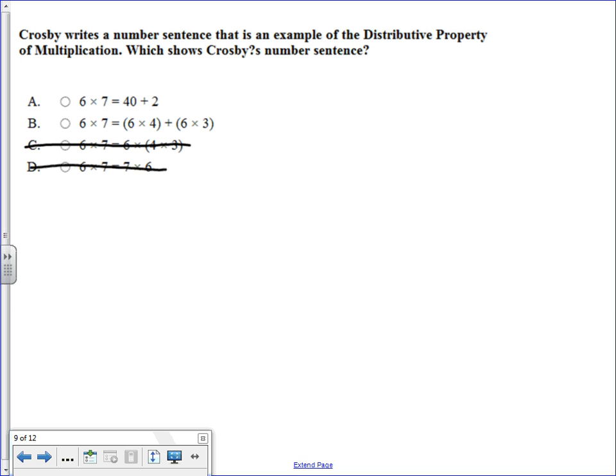So we know that they don't demonstrate the distributive property. Okay, maybe they're showing something else. So distributive property, I'll say again, is when we take one of the factors and we break it into 2 smaller parts. Which choice, A or B, shows the distributive property? Elias, you can do this one.